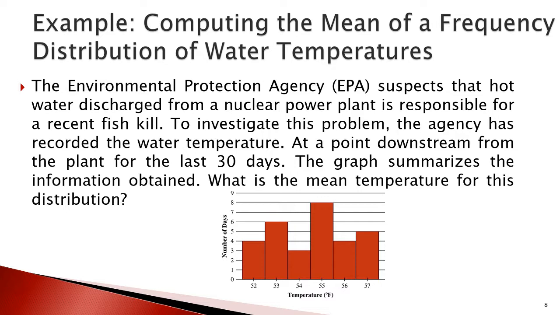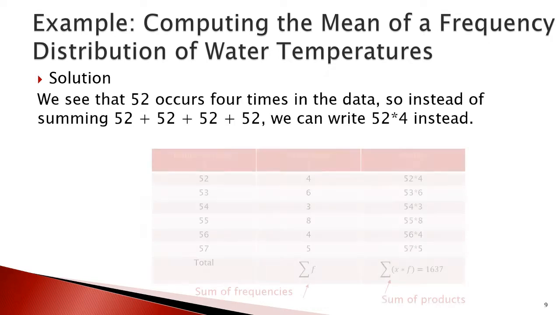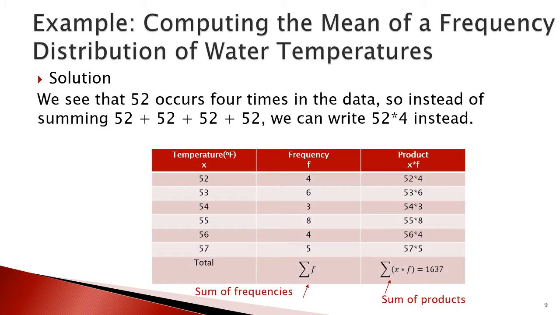So first thing we need to do is create a frequency distribution like this. For temperature 52, frequency is 4, for 53 it is 6. Likewise, by looking at the previous graph, you can summarize this frequency table.